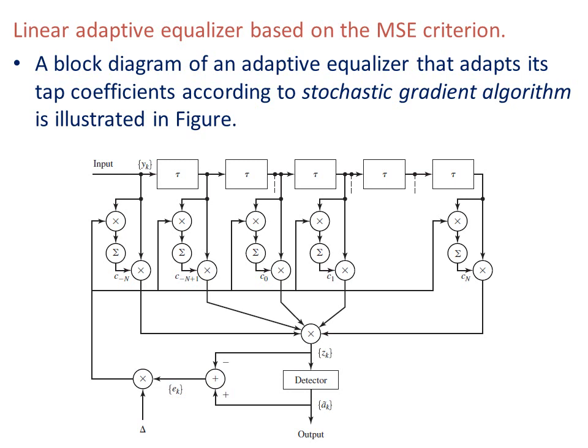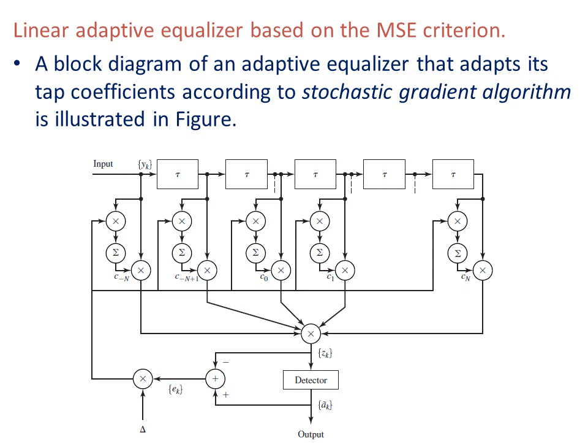This error is scaled by the step size parameter delta, and the scaled error signal delta E_k multiplies the received signal values y of kT minus n tau at the 2N plus 1 taps.